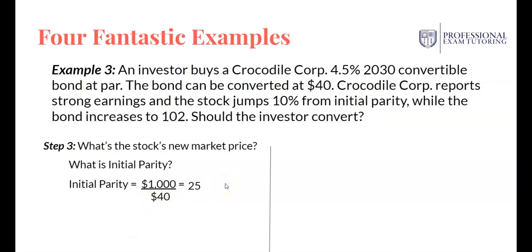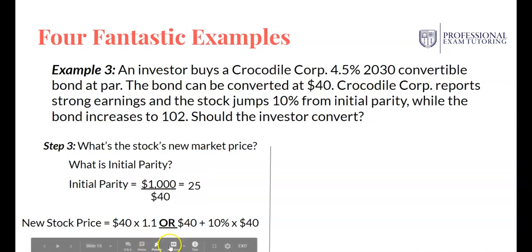So we need to grow the stock from $40 up 10%, and that's going to be very similar to what we did in the previous example. So in the previous example, we added 10% to the bond price by multiplying through by 1.1, and we're going to do so again here. So you can do it by multiplying 40 times 1.1.